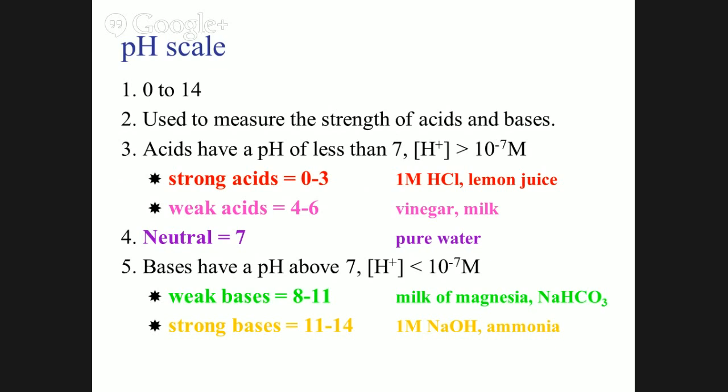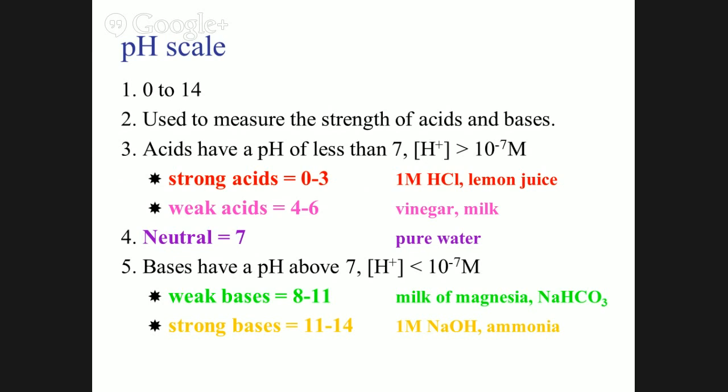Now, the pH scale is basically a logarithmic scale. It goes from 0 to 14, in which those numbers reflect the exponent of the concentration.